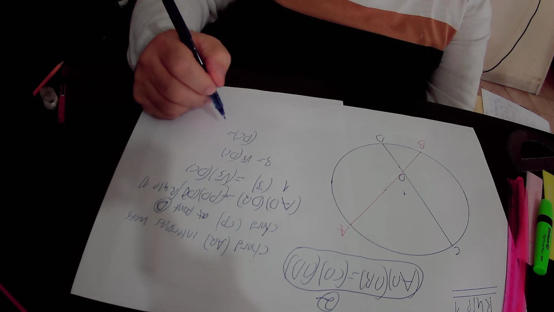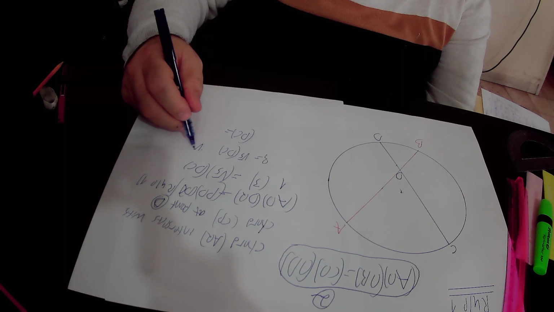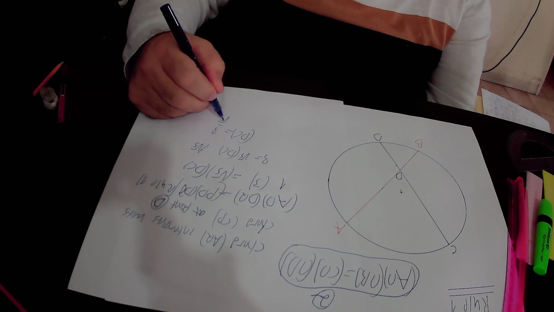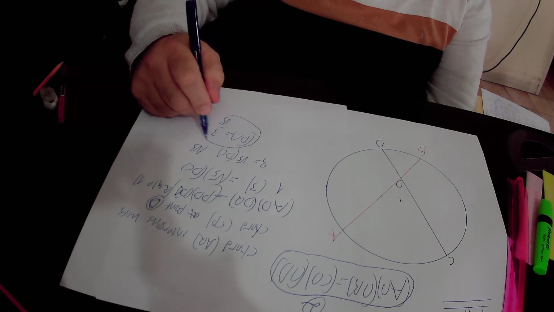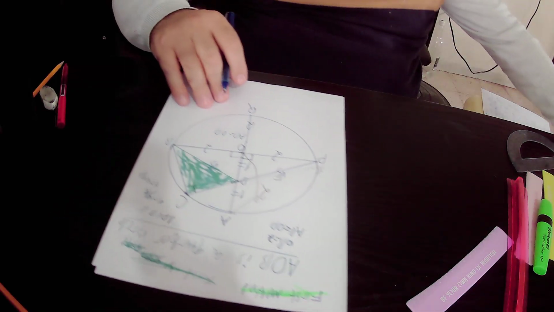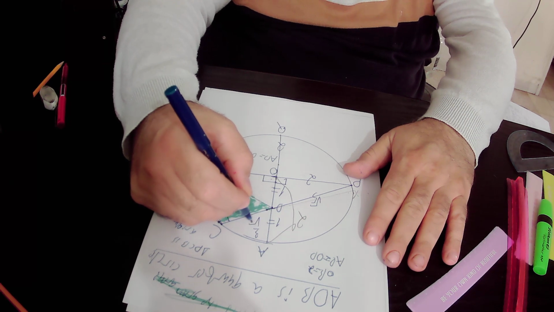So DC equals, we divide this equation by square root of 5, and we get that DC equals 3 over square root of 5 units. So we can write here that DC equals 3 over square root of 5 units.